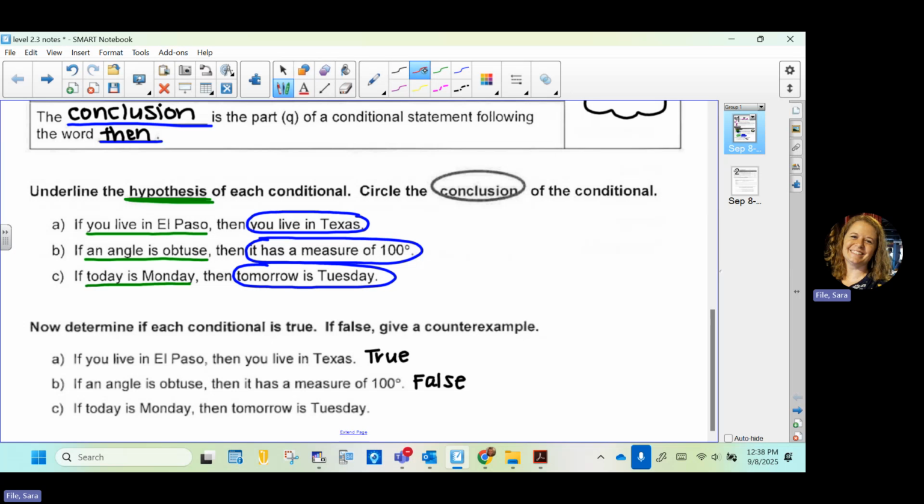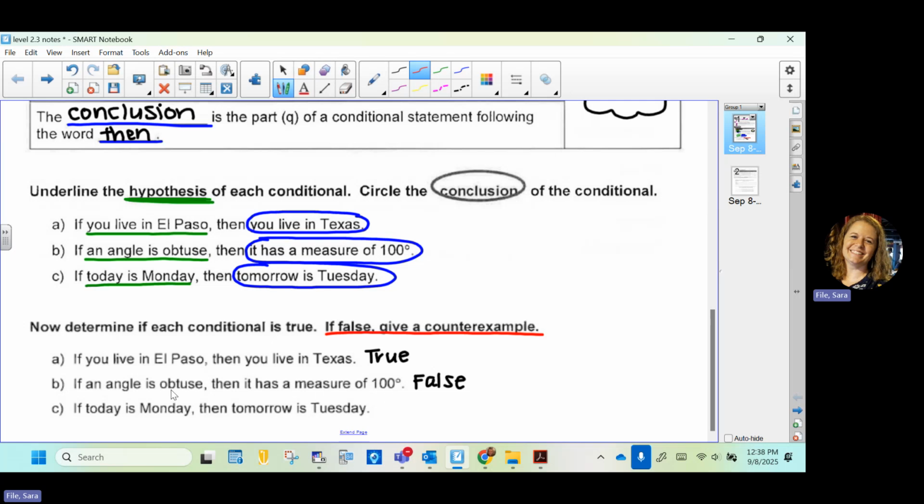So we have to provide a counterexample. If it's false, give a counterexample. And we said back in 2.2, or maybe it was in 2.1, I don't remember, the counterexample is what proves it wrong. We're proving it wrong. So what is an angle that's not 100, but is still obtuse?